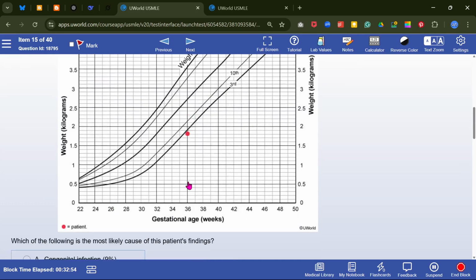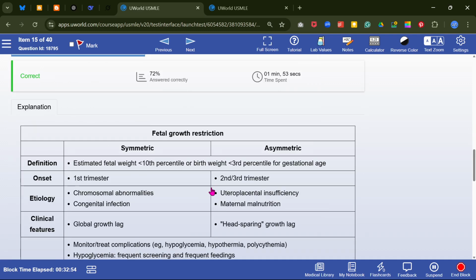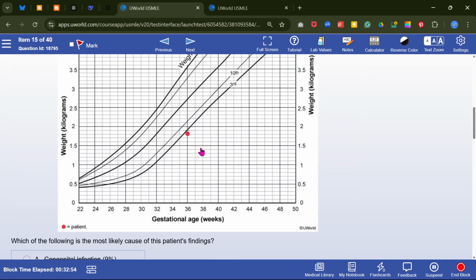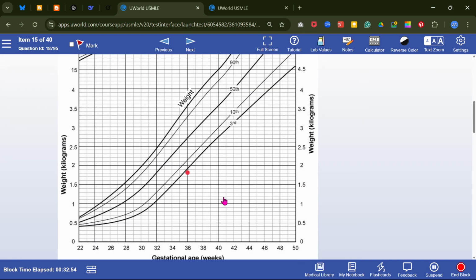Is it in this graph? What does it mean? Like in the weight, is it birth weight or which one? Birth weight is less than third percentile or estimated fetal weight is less than 10%. Which one should we use? Both are down. In the weight, look at the weight.